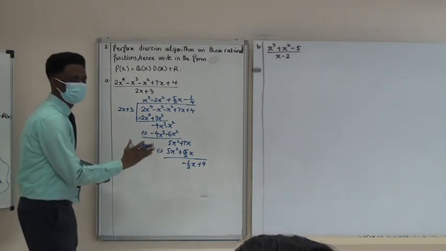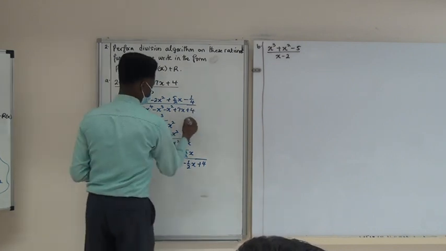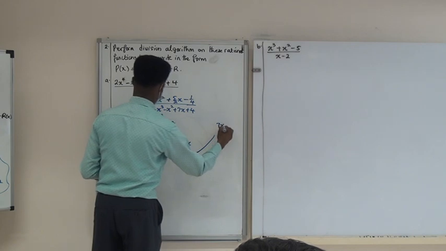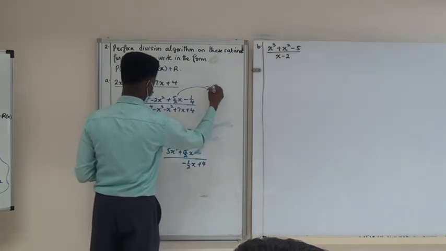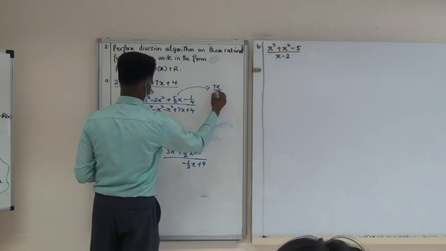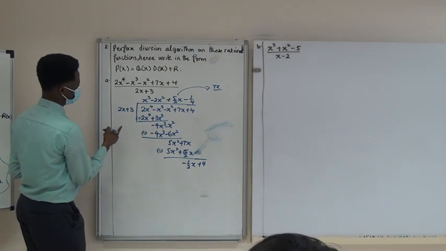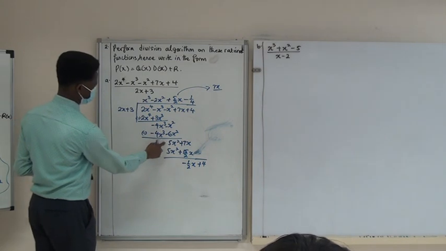This is just, remember, internal divided by external. So in the case of this one, it's from 7x divided by, is it 7x? Where do we get our 5? Oh, it's from here.